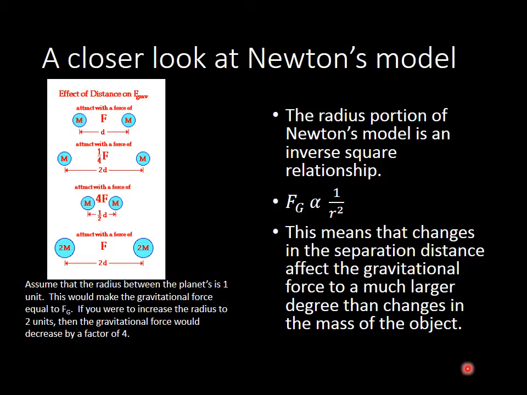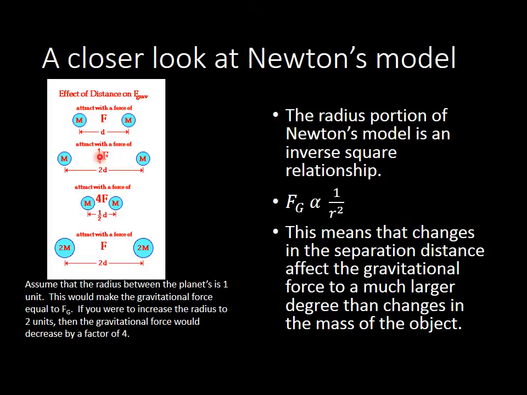The radius portion of Newton's model, remember, is an inverse square relationship. This means that changes in the separation distance affect the gravitational force to a much larger amount than changes in the mass of the object do. If we have two objects of equal mass, and the distance between them is 1 unit, then we get a regular force of gravity.